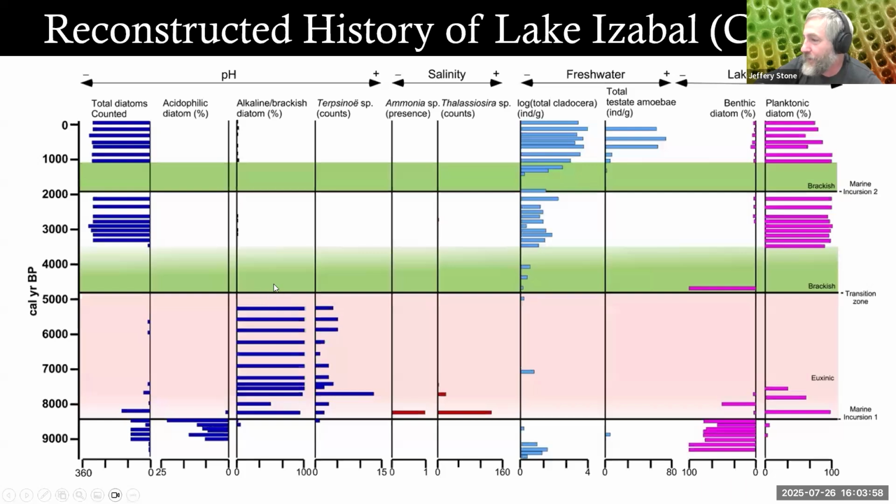And then a transition to no diatoms at all during this brackish period, then a second pulse of seawater coming in up here around 2,000 years ago, and all of these indicators basically point to the same kind of story. So a nice coherent story for what we think is going on from core 5.